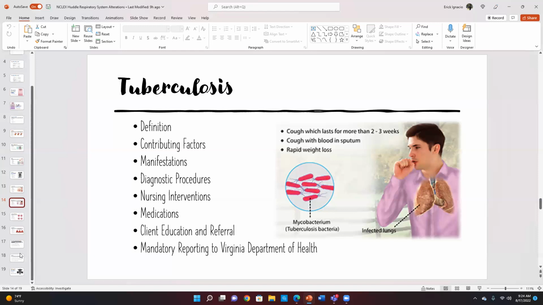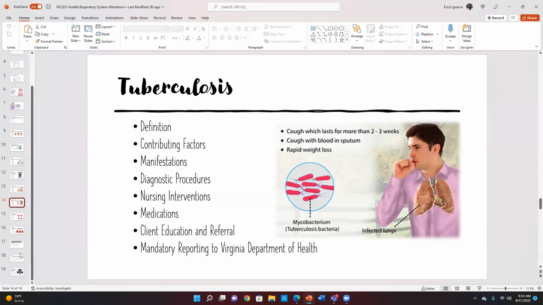We will also monitor laboratory findings for liver and kidney function. The medications we could expect to see for TB can be rifampin, isoniazid, pyrazinamide, and ethambutol. Okay, so with these medications, they should be taken 6 to 12 months.